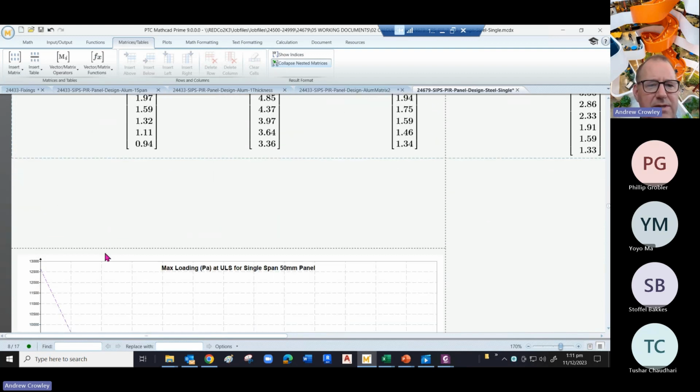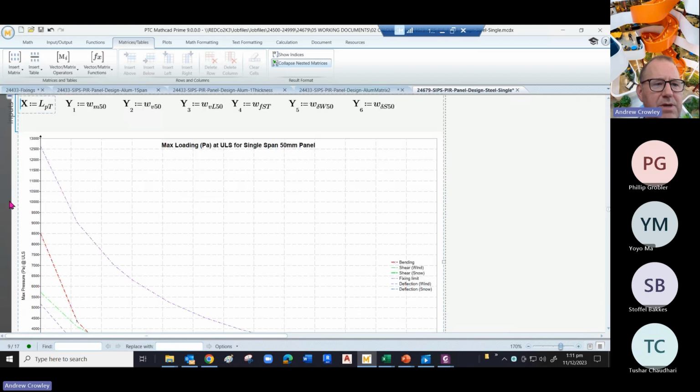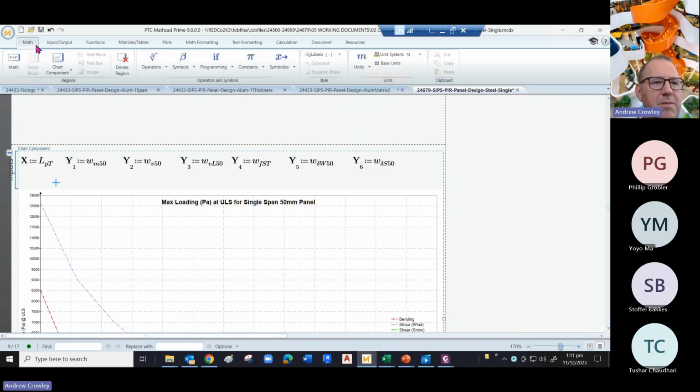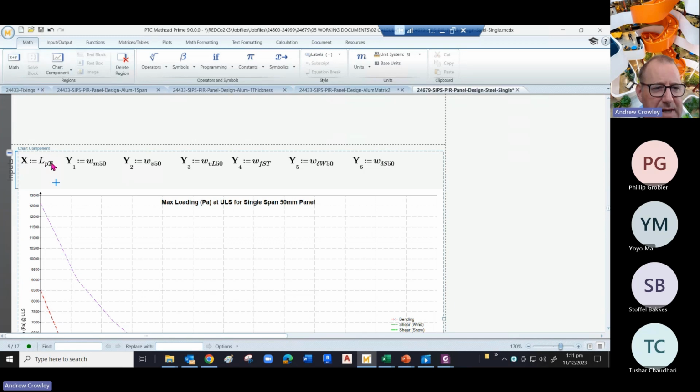So from that, we open our chart, and hidden behind the chart is the components. So we can put in, under our math menu, a chart component. You can put in an X expression and you can put in a Y expression. So our X expression is going to be the span.